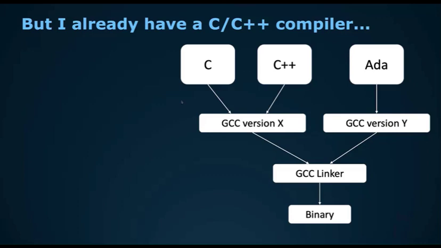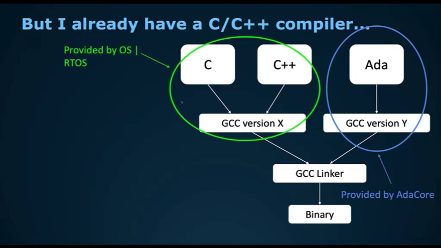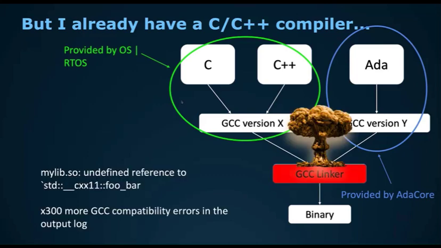However, there might be some problems when you get to the link phase. So as I said earlier, C and C++ come from the OS. The Ada compiler comes from AdaCore. What happens when we get to the linker? Now what we see here on the bottom left is an example of what happens when you have a GCC mismatch.